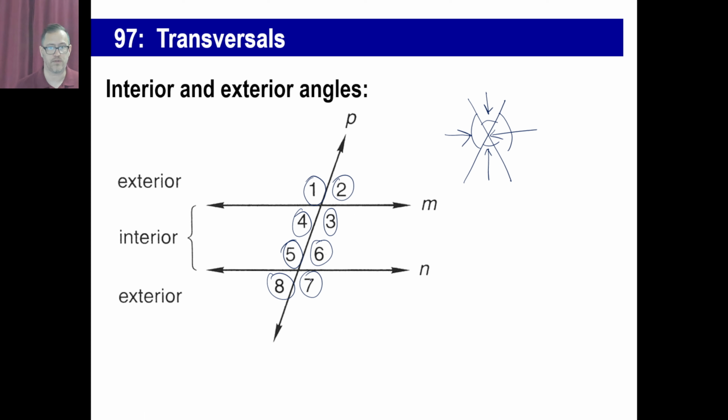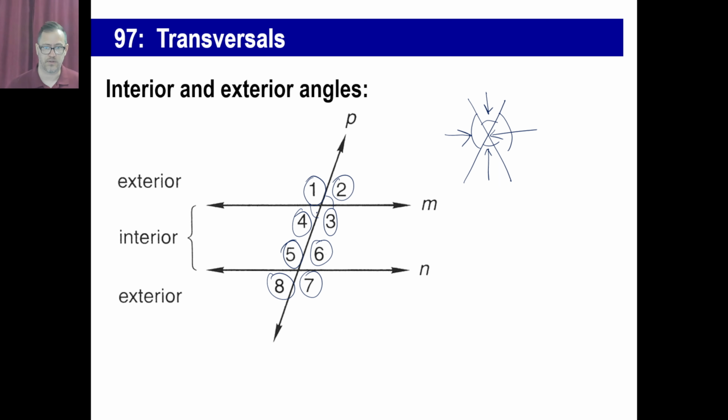A transversal cuts across them, so we know that top left will equal top left, top right, bottom left, bottom right, and so on. We can also say that 2 is equal to 4 because the two lines intersect and these are right across from each other. All right. We'll deal more with those in geometry later on.